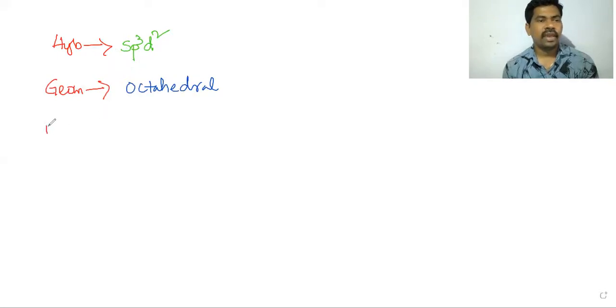Then what is the magnetic nature? As the metal atom contains unpaired electrons, it is a paramagnetic substance.